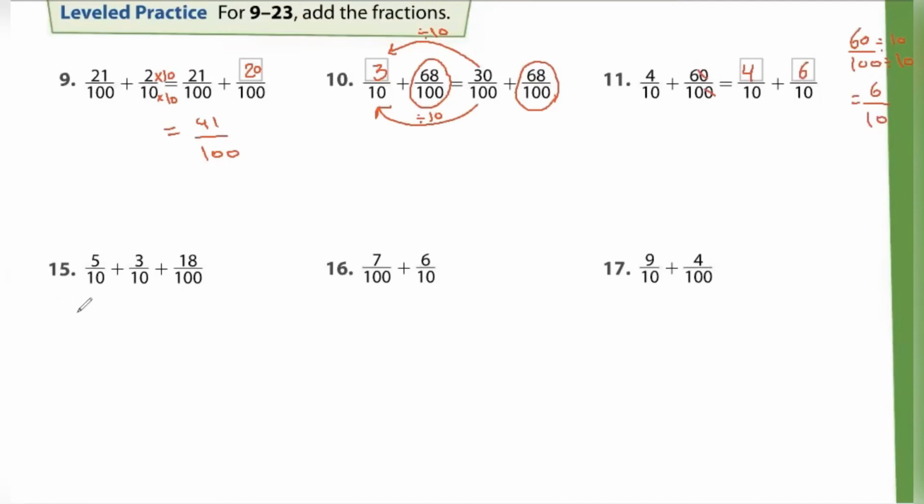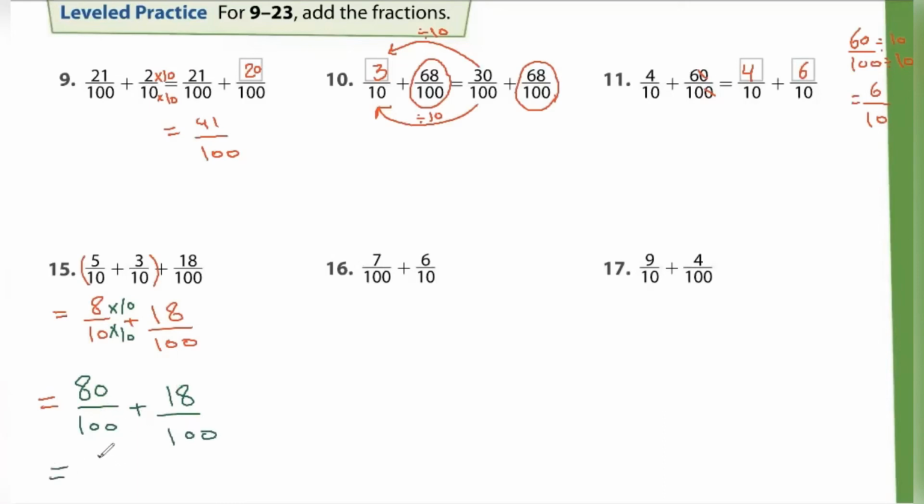Number 15, I said before we can use the associative property. 5 plus 3 equals 8 out of 10, plus 18 out of 100. Now, teacher, I will use equivalent fractions. 80 out of 100, we multiply up and down by 10, plus 18 out of 100. 80 plus 18 equals 98 out of the same denominator, which is 100.